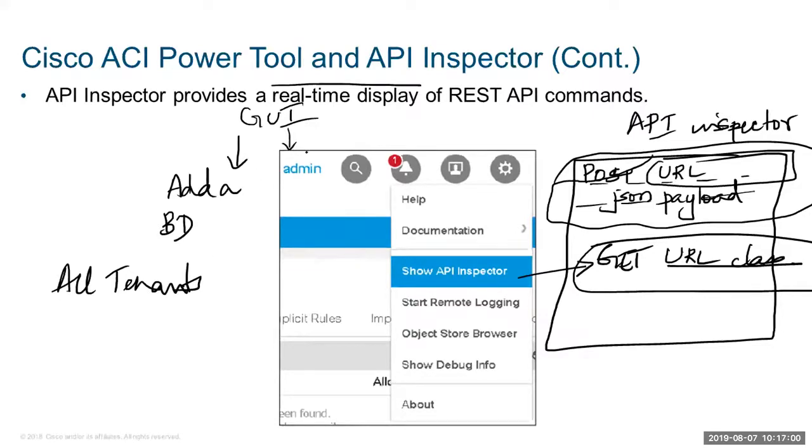So any interaction by the GUI or the command line, or any interaction via the REST API, if it's a third-party application sending something, all of this can be observed by the API Inspector. It'll show you the corresponding JSON and the URL.